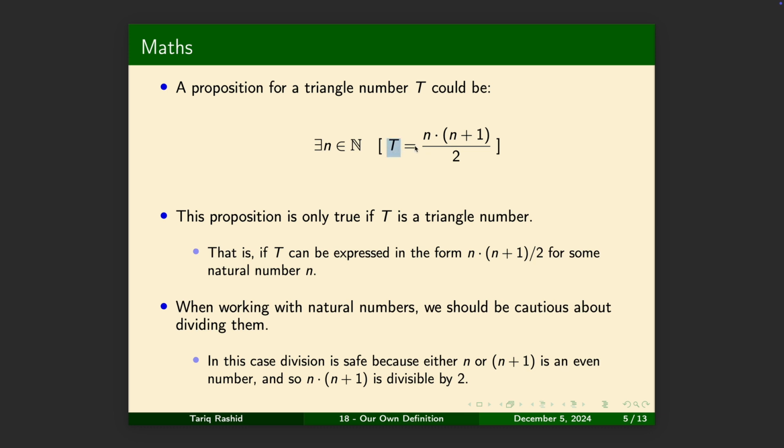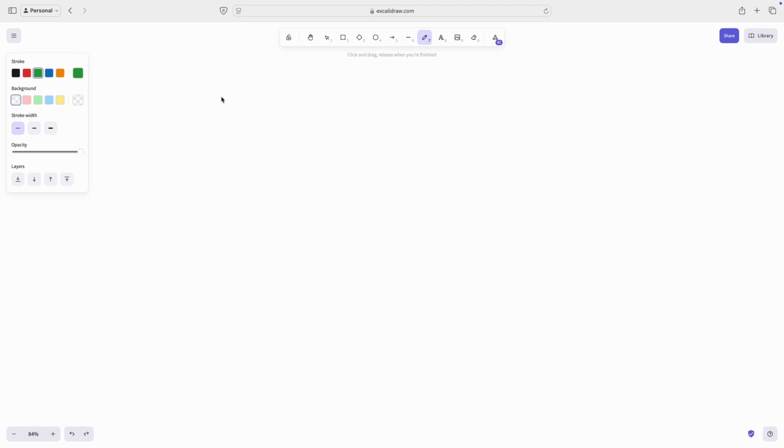Let's draw a picture just to illustrate that, because this page looks a little bit dense. So our proposition is that there exists a natural number n such that t can be written in the form n times n plus 1 over 2. Let's try that with 1.